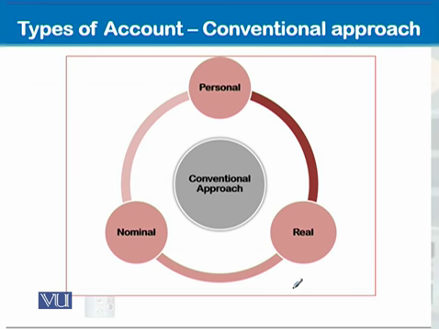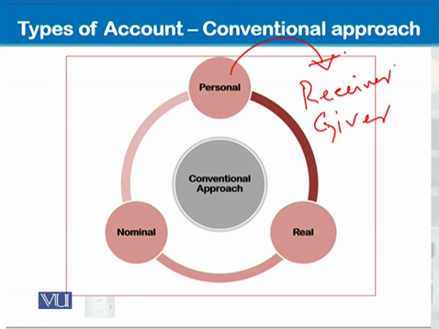Under this approach, for personal accounts, the receiver and the giver were bifurcated, that if a person is receiver or a person is giver, debit and credit rules were based on these 2 criteria.